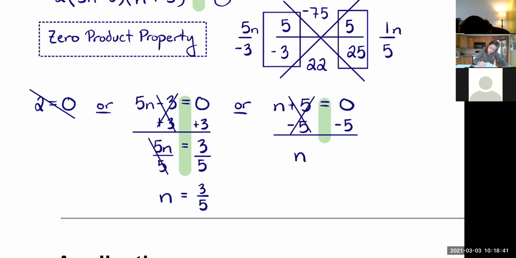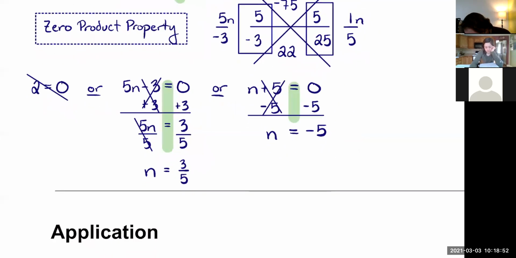So n is now by itself. 0 take away 5 is -5. First little equation didn't give me any answer. The second one gave me 3/5. The third one gave me -5. So I ended up with a total of 2 solutions, which include 3/5 and -5.